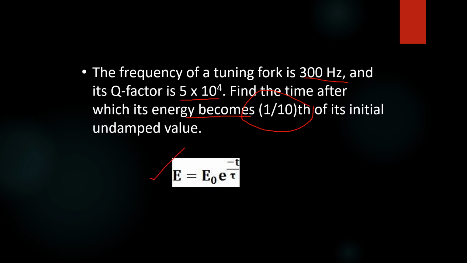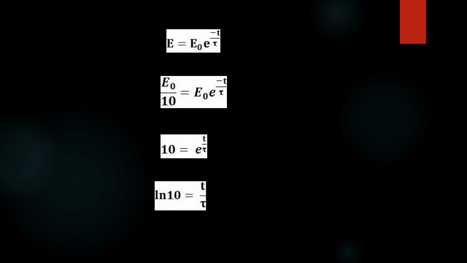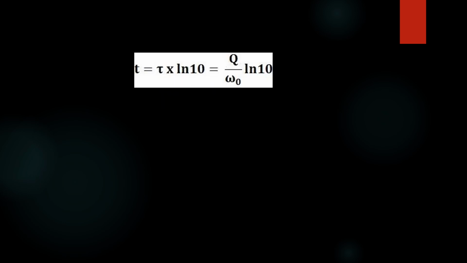We know the expression for energy E is equal to E0 into e raised to minus t by tau. 1 by 10th of its initial value means we can write E as E0 by 10, or on cancelling E0 on both sides, 1 by 10 is equal to e raised to minus t by tau, or 10 is equal to e raised to t by tau. Taking logarithm, log 10 is equal to t by tau. Therefore, t is equal to tau log 10.